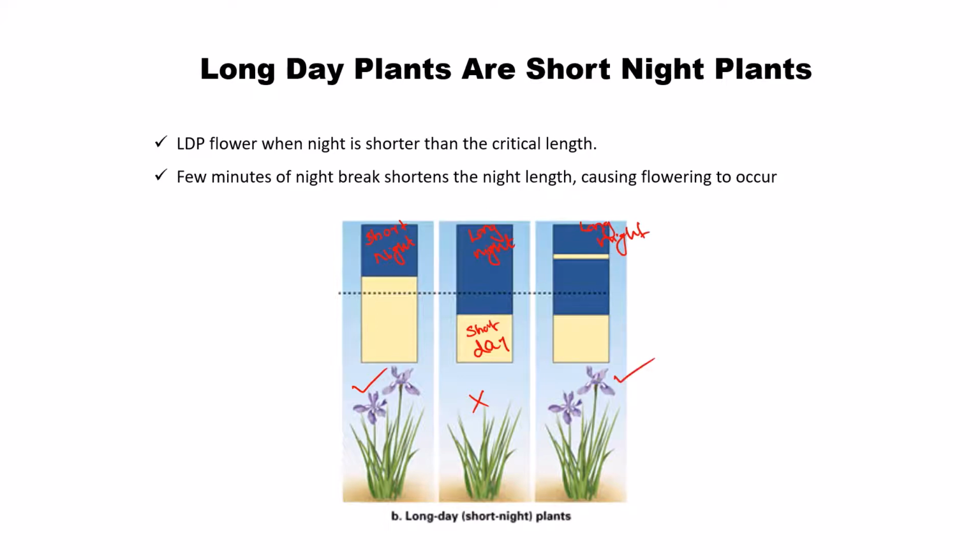Why? Because a few minutes of night break shortens the night length, that will cause flowering to occur. Here a flash of light is given in the middle of the night. That's why there is flowering.